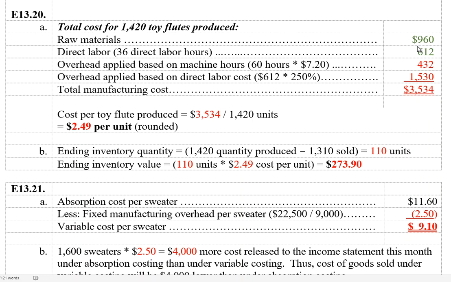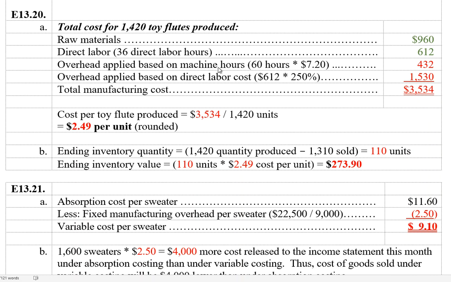But take note in this problem particularly that some of our overhead is applied based on machine hours, and some is applied based on how much direct labor we have. So we've actually got two different ways of applying overhead.